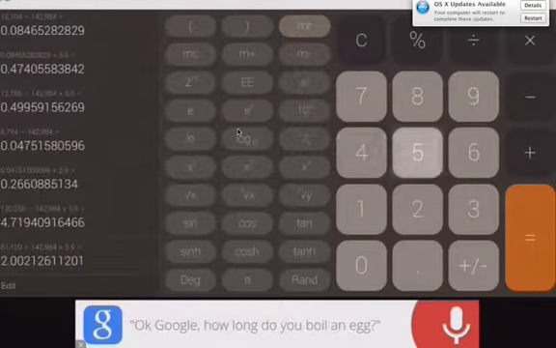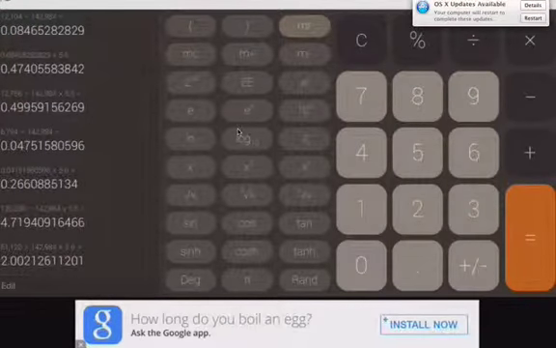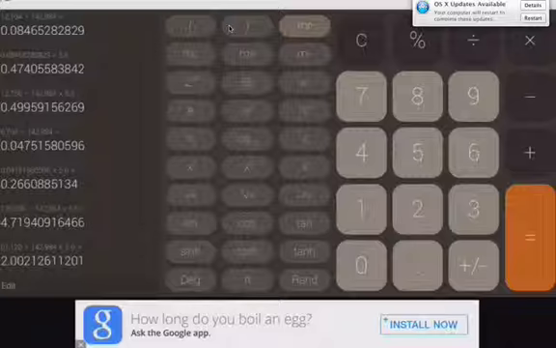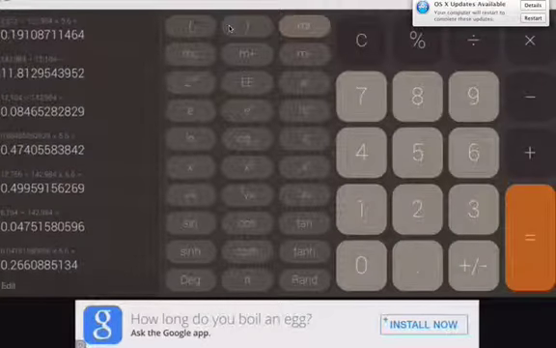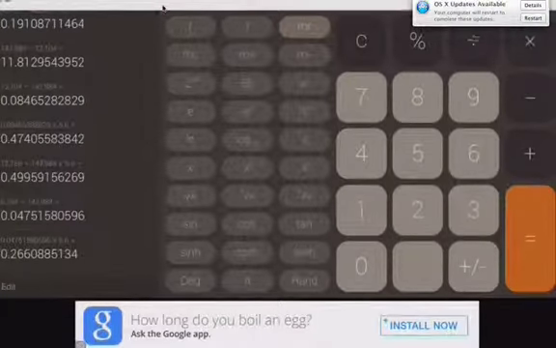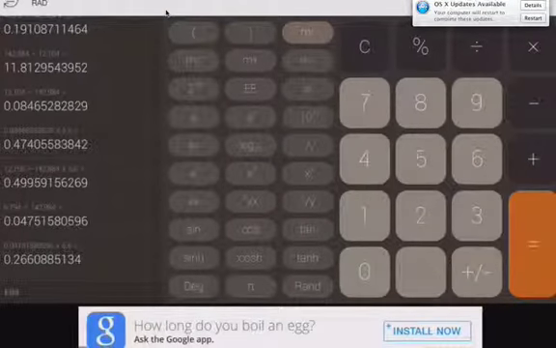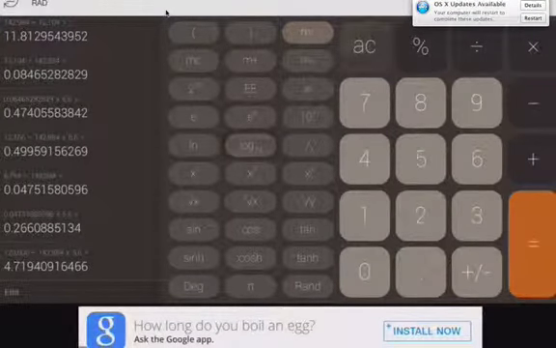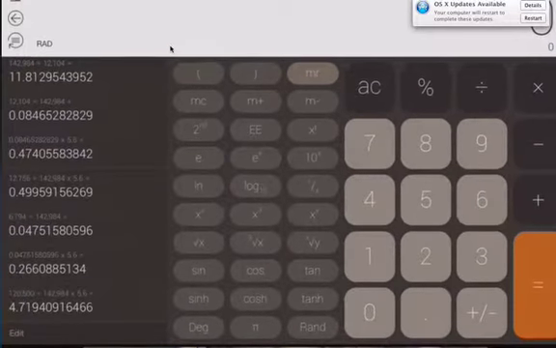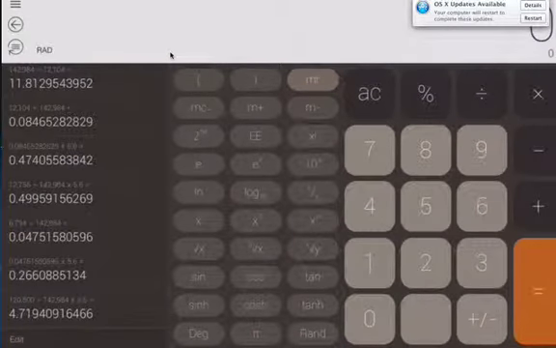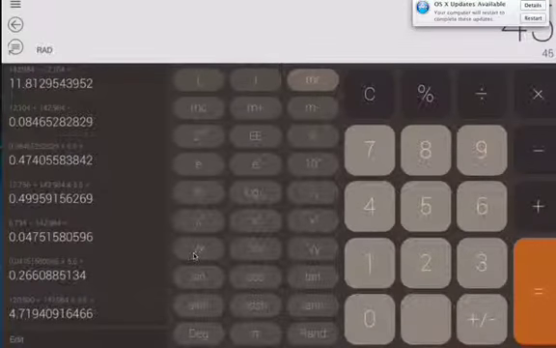45, and then the square root symbol. 6.708. So 6.7. Uh-oh. Well, this isn't 6.7. What happened to it? Clear it out. So what I did here, so you can see, I went 45, and then I went to the square root symbol right here.